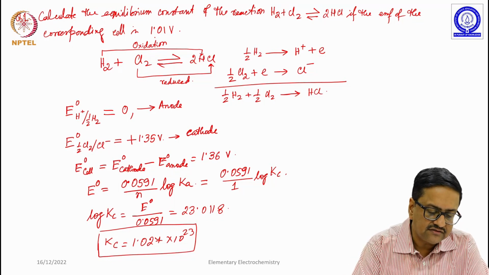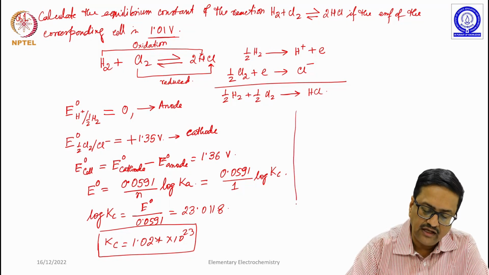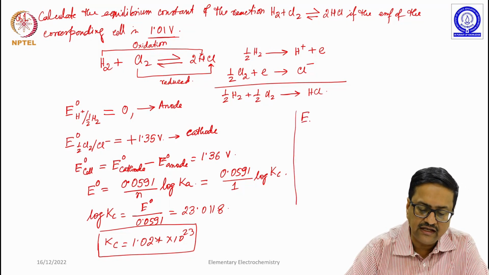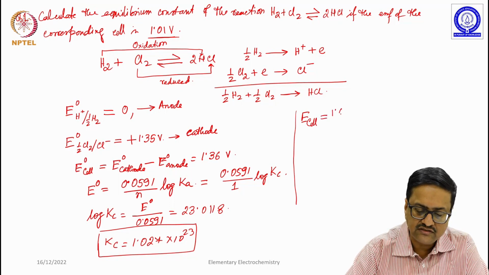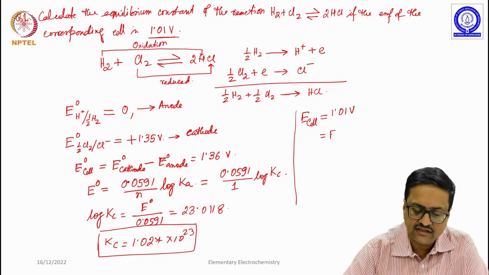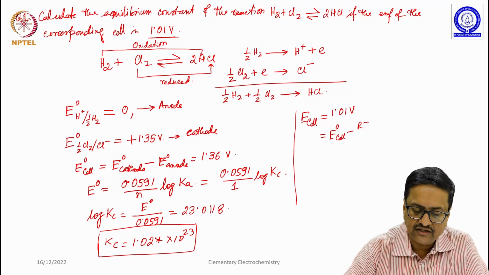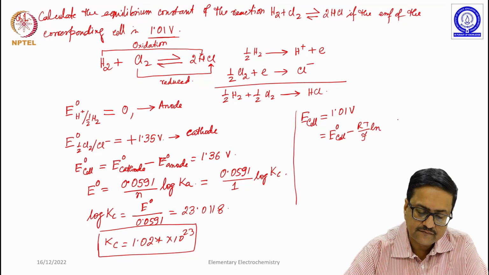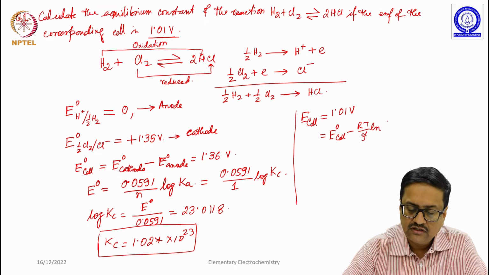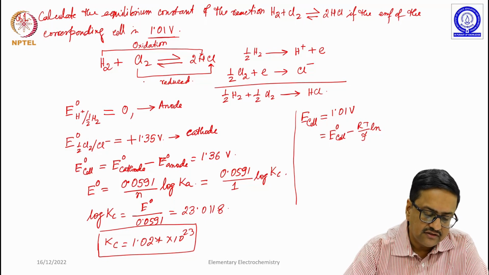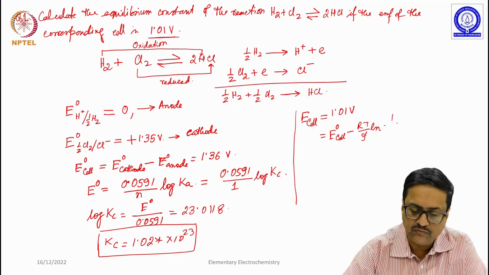You see, this value that is given is the E cell, which is equal to 1.01 volt, and you can recall E cell is nothing but E0 cell minus RT by F ln of the activity of Cl minus.